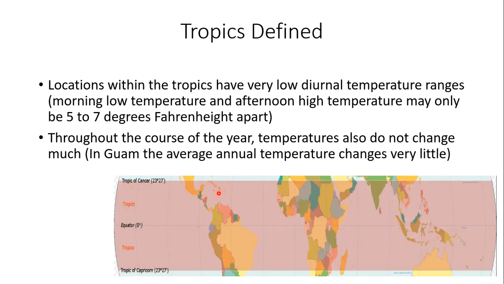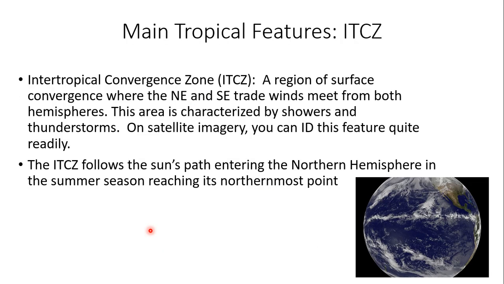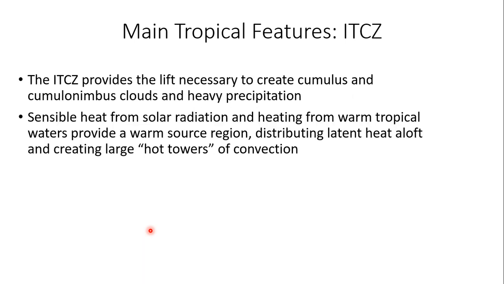So in the northern hemisphere summer, when the sun is furthest north at 23.5 degrees north latitude, the ITCZ tends to move generally north of the equator. Okay. In the northern hemisphere winter, the ITCZ is a little bit further south of the equator. So it just fluctuates based on the sun's journey. I just wanted to point that out.